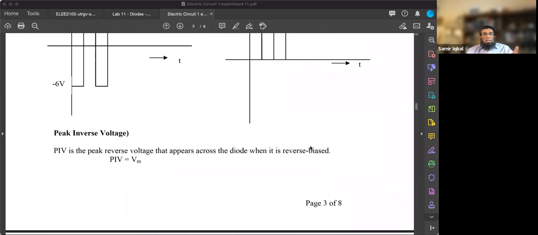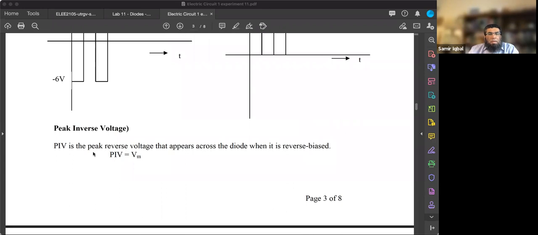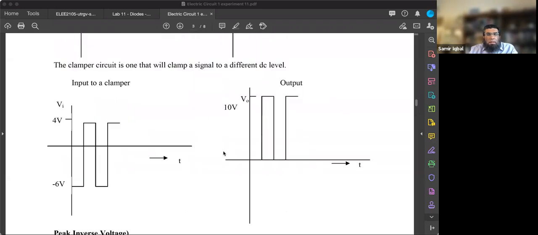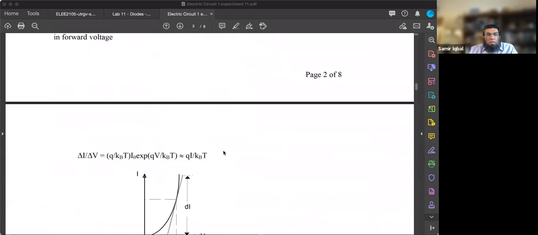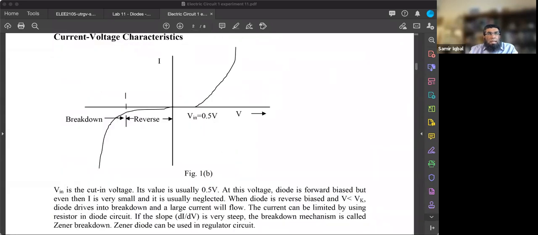All right, so another application for a diode. Yeah, but another definition first. Peak inverse voltage, that's the peak reverse voltage when we reverse bias it. If you look at this picture that I showed, if you increase the voltage in reverse bias, there is a certain voltage that it can maintain.